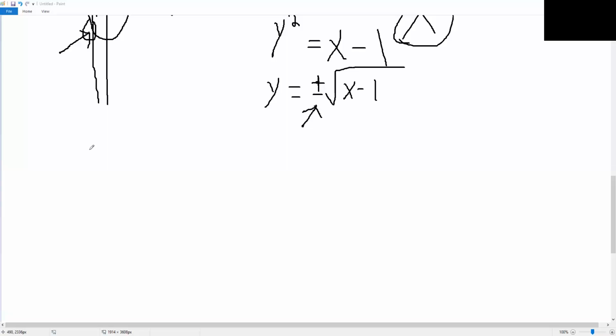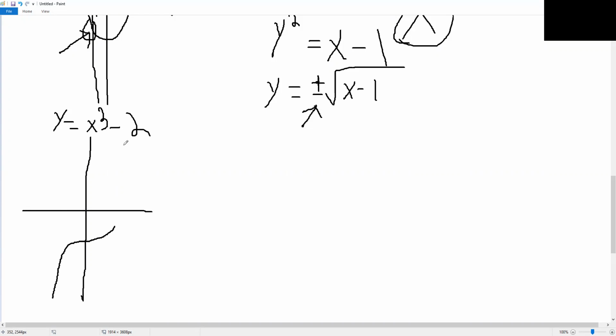And so you'll be given another graph here. And they'll tell you that y equals x cubed minus 2. And then they'll draw that. So come up and over, something like that. If I draw a vertical line, is there anywhere that it will cross it twice?